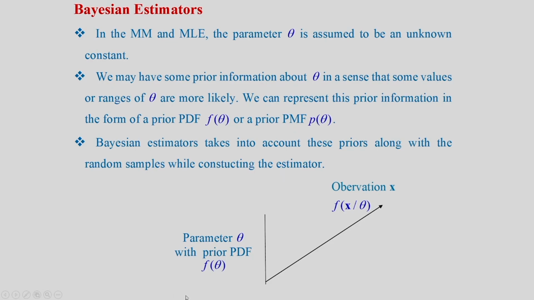So, parameter theta is now random and it has a prior PDF f theta, and data is generated according to this model f of x given theta. Suppose theta is a random variable, and for a given theta we will have this f of x given theta, which will generate the observed data.